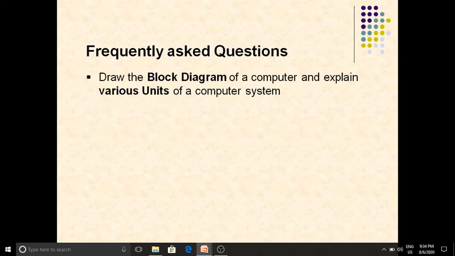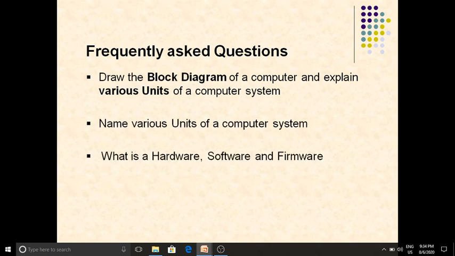Now let us see in this slide what are the frequently asked questions in previous end exams. Okay students, in previous end semester exams, what questions were frequently asked on the topics we have discussed in today's class? The first question is, draw the block diagram of a computer and explain various units of a computer.